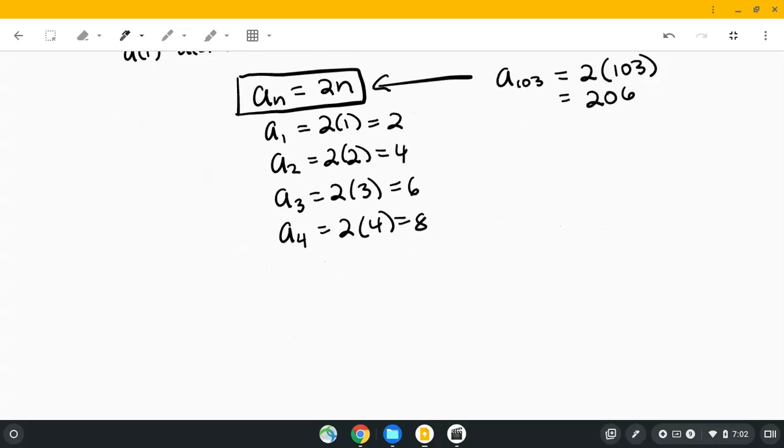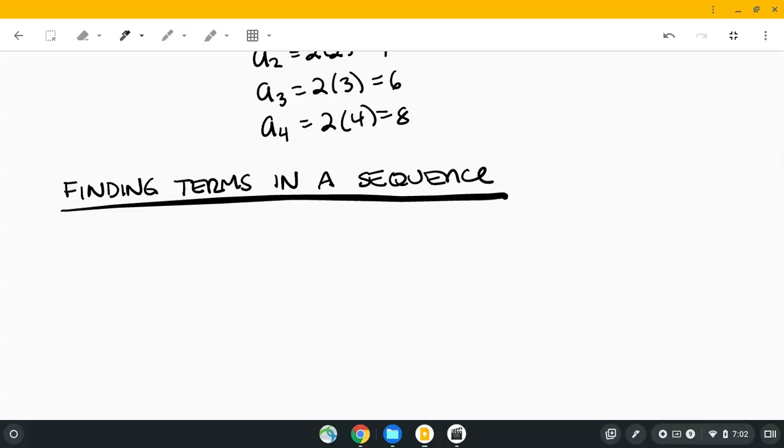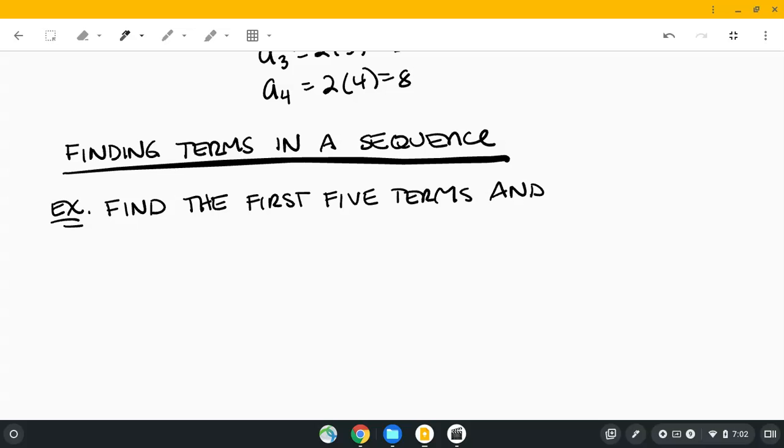Finding terms in a sequence. Suppose that you want to find the first 5 terms, and then also the 10th term.